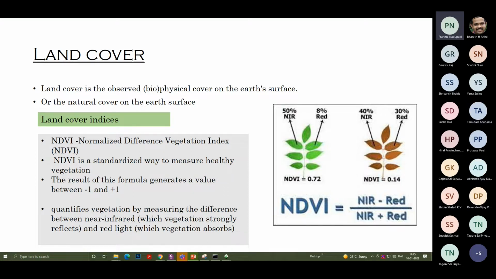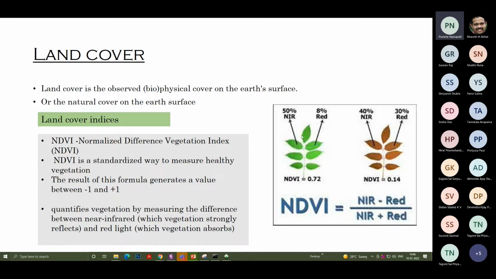Okay. The first index that I'll be talking about is the NDVI, or Normalized Difference Vegetation Index. It is a standardized way to measure healthy vegetation in a region. The result of this formula is generated between a value of -1 to +1. We can see here there are two plants, one healthy and one stressed vegetation.